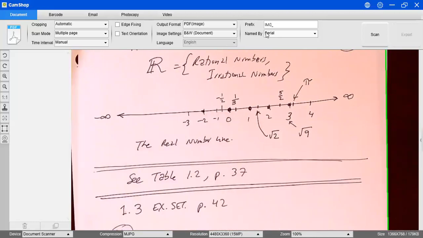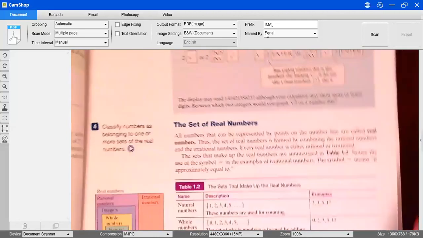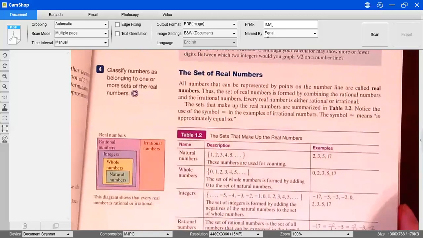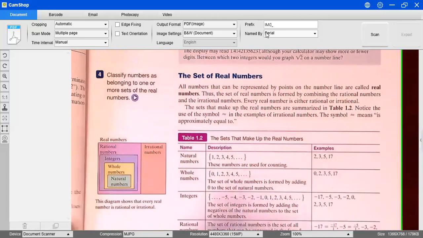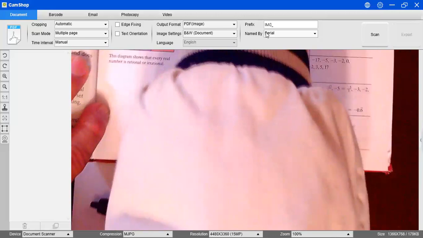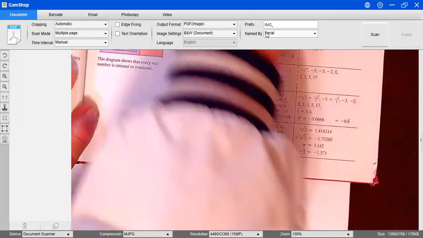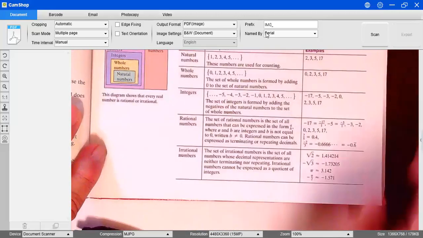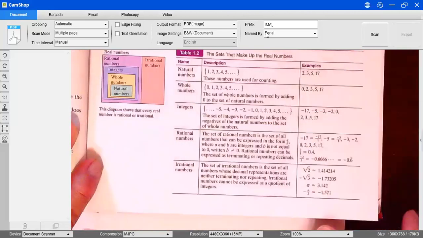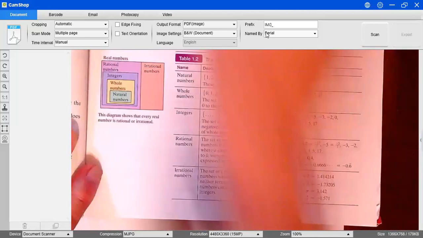So problem 34, let me show you problem 34. It is on page 42. Oh, okay. Before that, I'm going to show you the table because maybe some of you don't have your book yet. So you can check that table here. Okay.